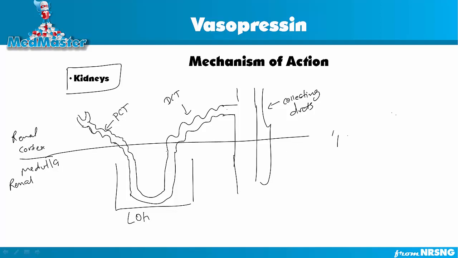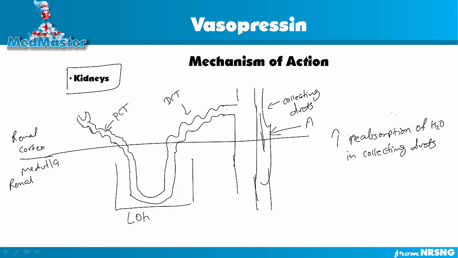Now when it gets secreted in our body, it comes to the collecting ducts, and what it does is increase reabsorption of water in the collecting ducts. So here you have urine going through, and it's going to go to the bladder and get excreted. What happens?